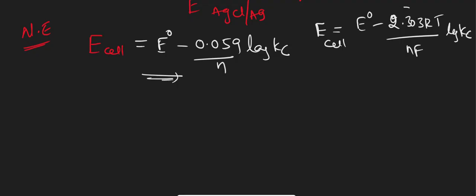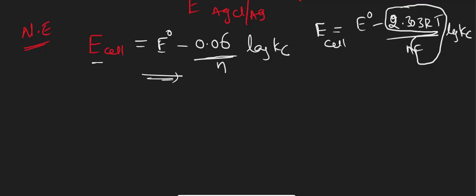As per the data, 2.303 RT by F is considered 0.059, but they have given 0.06. So roughly, I am assuming that value as 0.06.